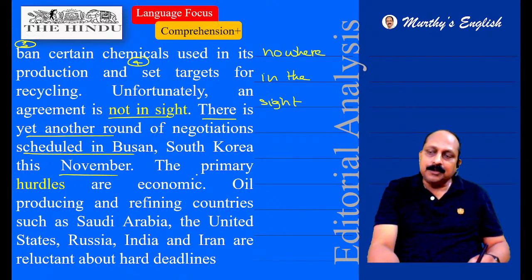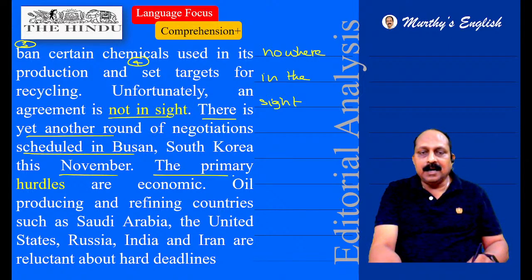Usually what happens at a treaty, so many countries, some countries may favor a particular resolution, some countries may not. Here it talks about what are the objections raised by a few countries. The primary hurdles are economic.